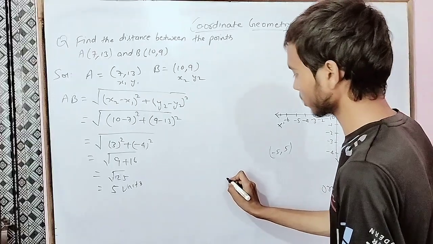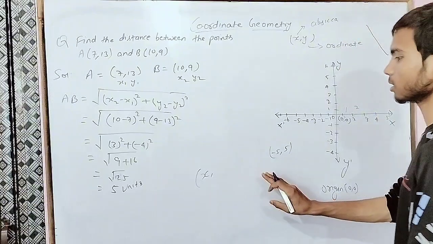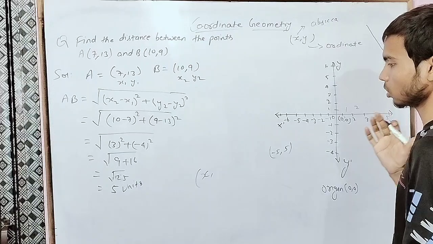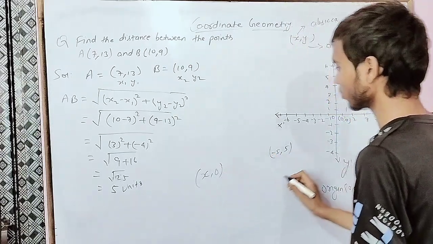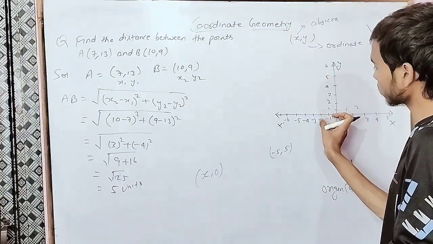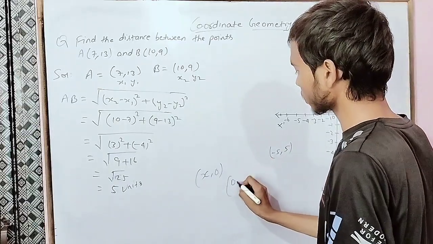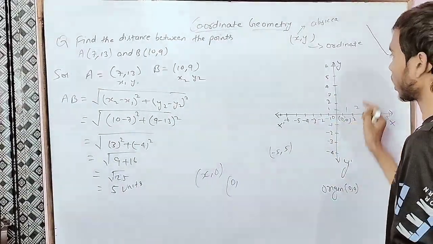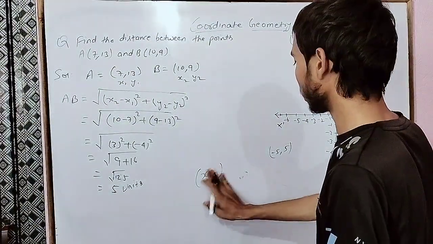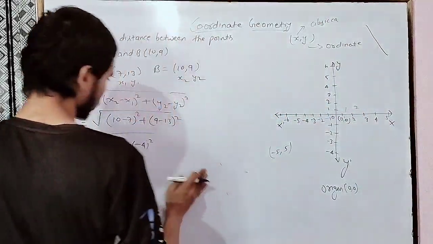The question says that x is something. So x is a number on the x-axis, okay. So y will become 0, because y is 0, which means the number is on the x-axis. If x is 0, which means the numbers are on the y-axis. And you know what the origin is? Origin is just 0, 0, where x is 0, y is 0.